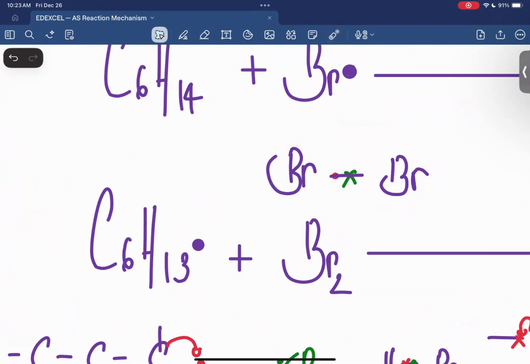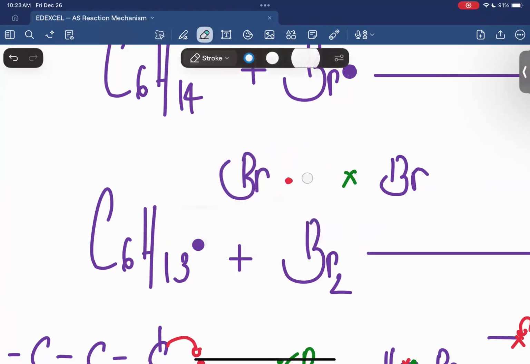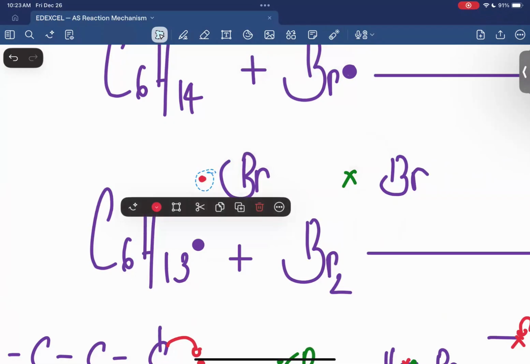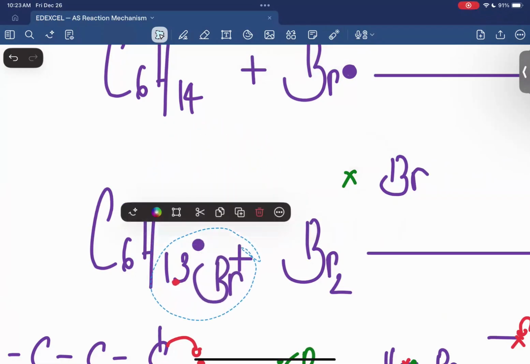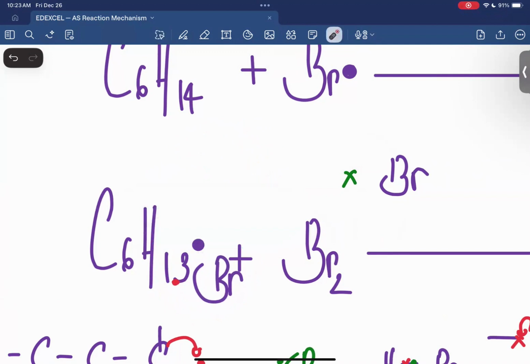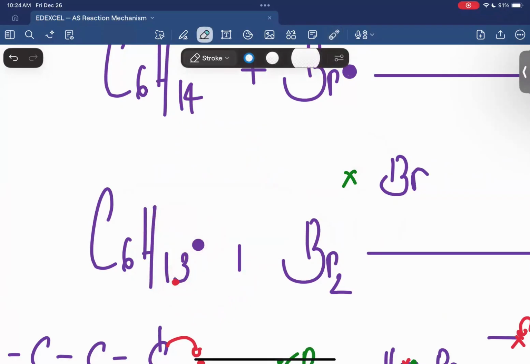So what this is now going to do is steal it with its unpaired electron, and this is going to join with it. Now see, it has these two electrons, one from this and one from bromine. Now it is equal and everyone is happy since the revenge is complete.